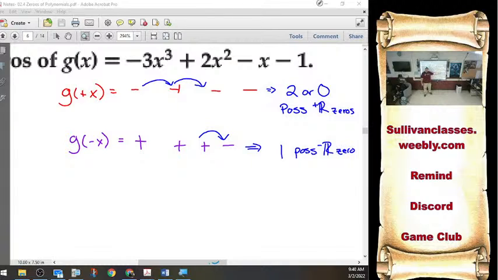I'm going to try the negative numbers first because I know there has to be at least 1 negative real zero. So I'm going to start with my negatives. And then when I find it, I know I don't have to try any more of the negative numbers because I've already found the one negative real zero. Now I'll move on to the positives and see what happens. Okay? It narrows down my options further.